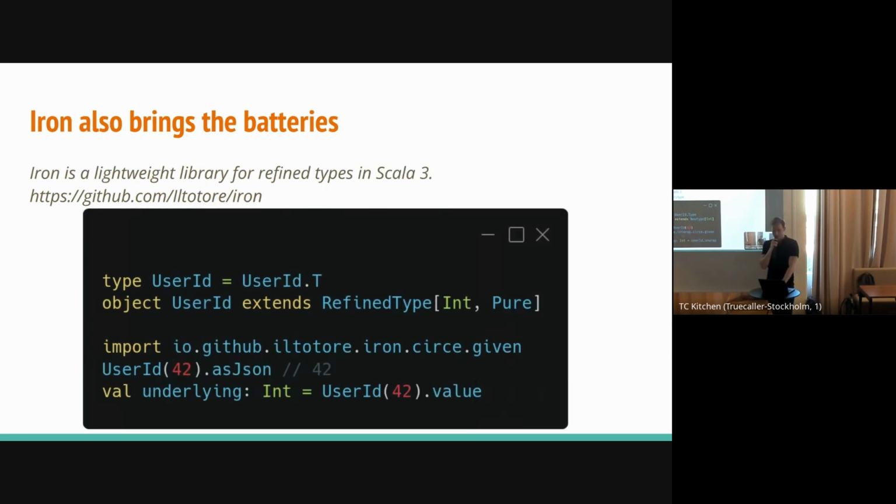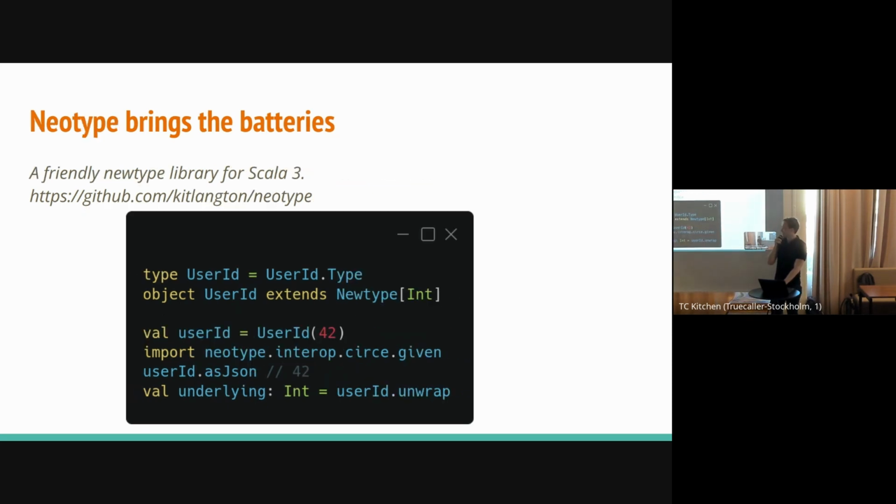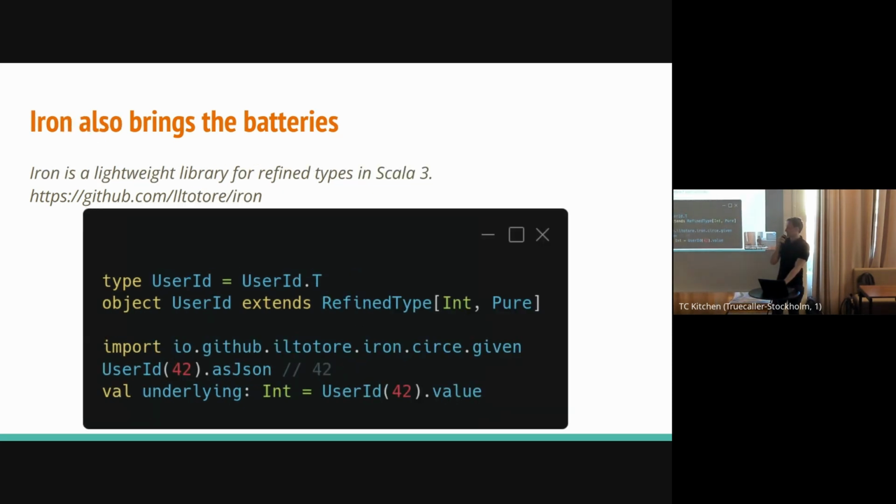And there's another library called Iron, also for Scala 3, that it says Iron is a lightweight library for refined types in Scala 3. And it does almost exactly the same thing. Like if you compare this syntax, it also has this import, and it's called dot value instead of unwrap.